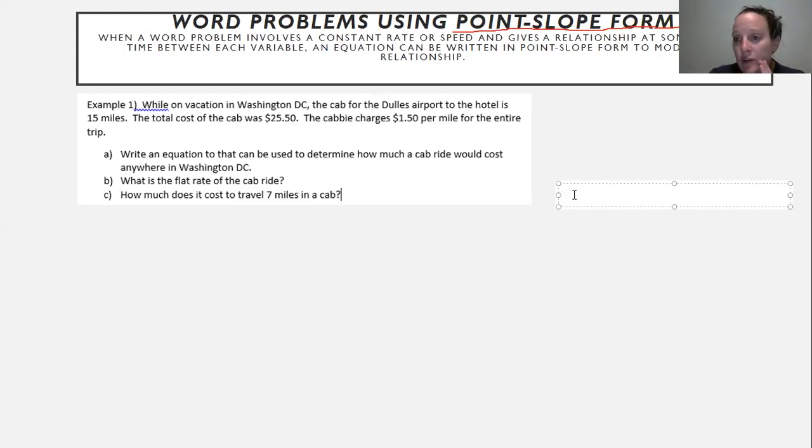So again, slope is a rate of change. So our slope here is $1.50 per mile. That's my slope, okay? All right, but I'm looking for point slope form, so that must mean I have a point in there. Well, I do.